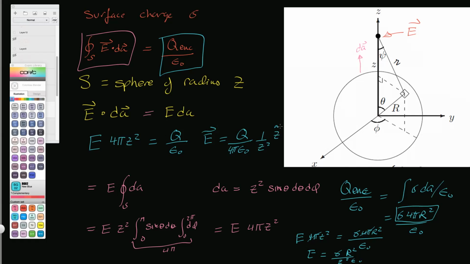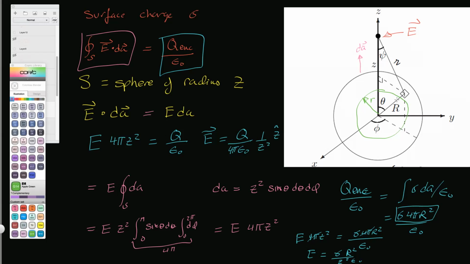Okay, what about inside the sphere? Well, inside the sphere, we can make a surface of radius little r. The integral of E on that surface is also constant, and if there's any E at all, it points straight out, just by symmetry.